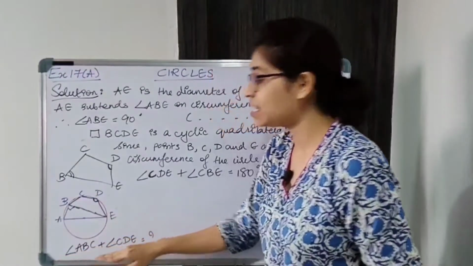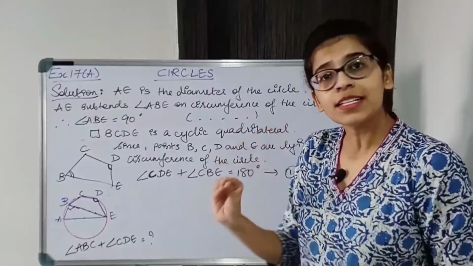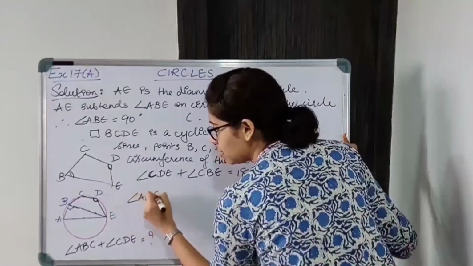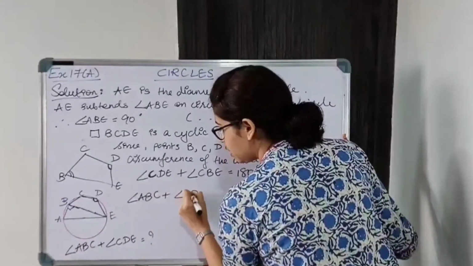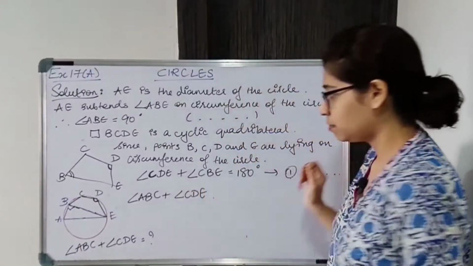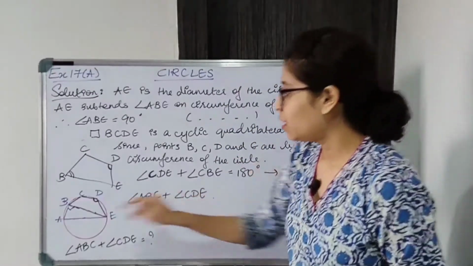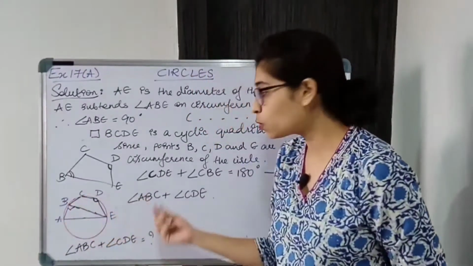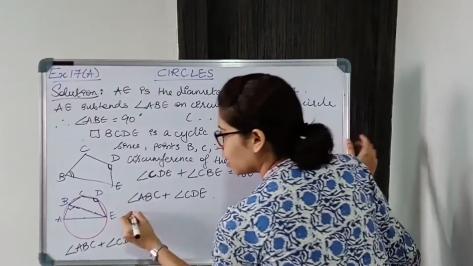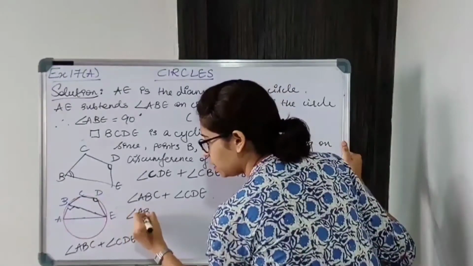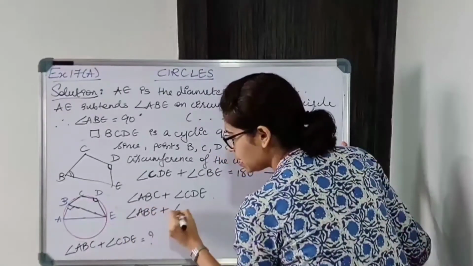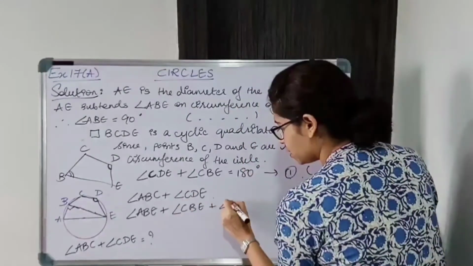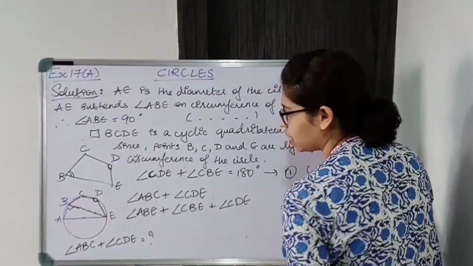Our aim is ABC plus CDE. So let us write down ABC plus CDE. Angle ABC plus angle CDE. Now students, ABC is nothing but ABE plus CBE. So we'll split this. It is angle ABE plus angle CBE, and this is as it is. ठीक है, ये as it is रखा है.